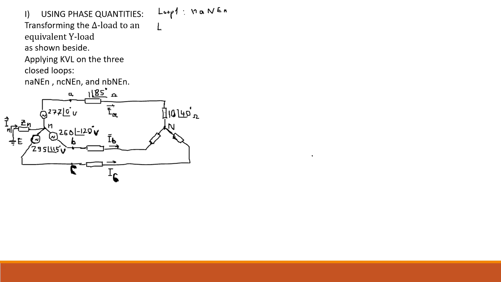The loop number 2 is n, B, N capital, Earth, n. And the loop number 3 is n, C, N capital, E, n.